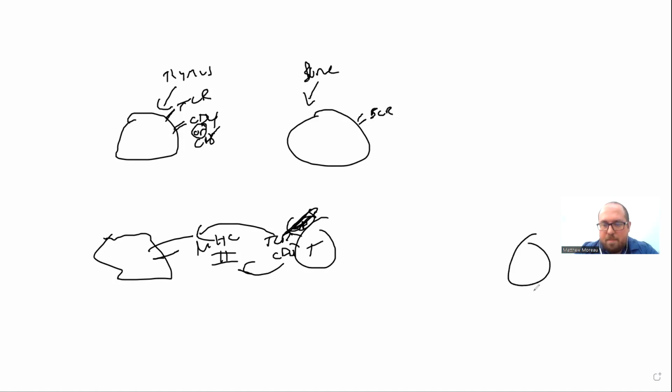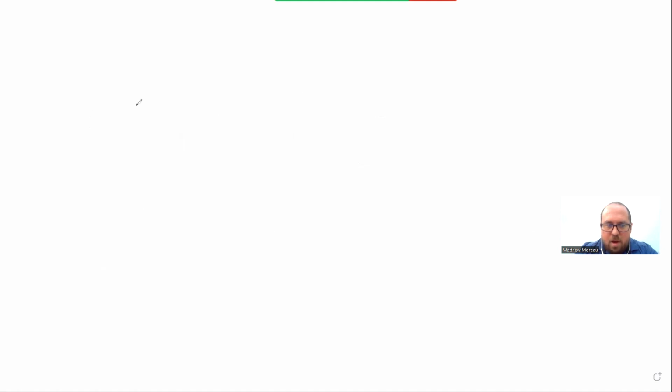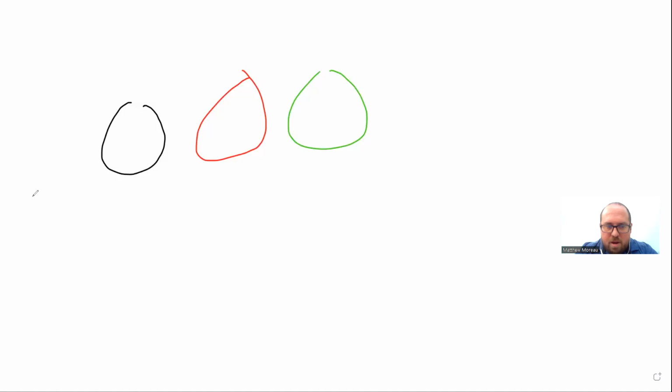Rather, there's a population of T cells. Well, actually, let me put it a different way. So let's say you have a population of T cells like this, and they all pre-recognize a different epitope, a different antigen.